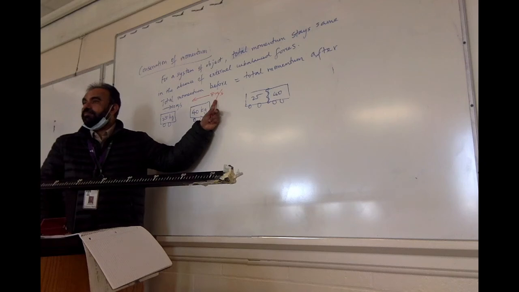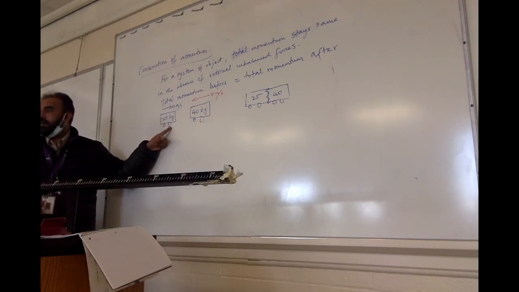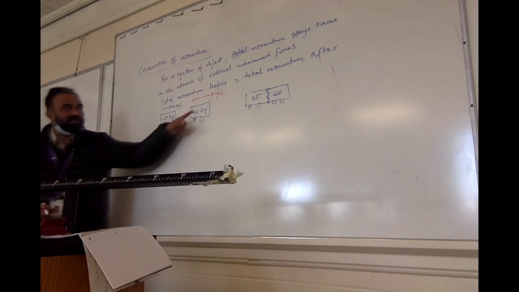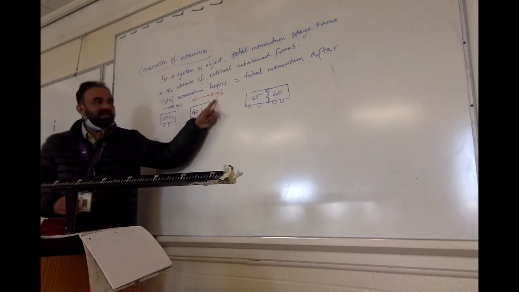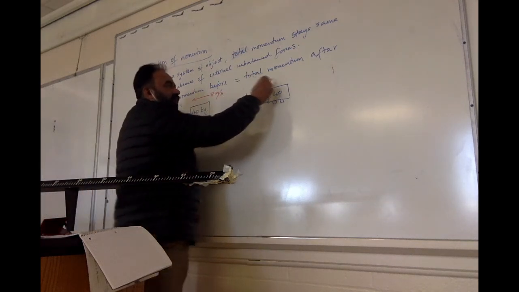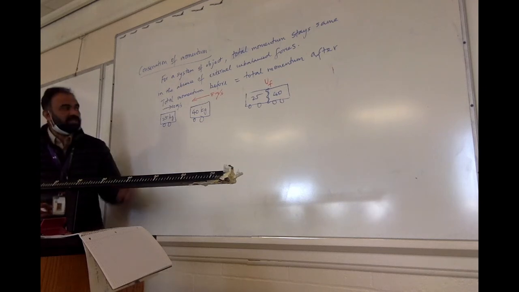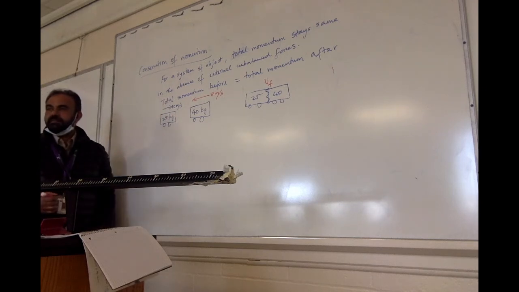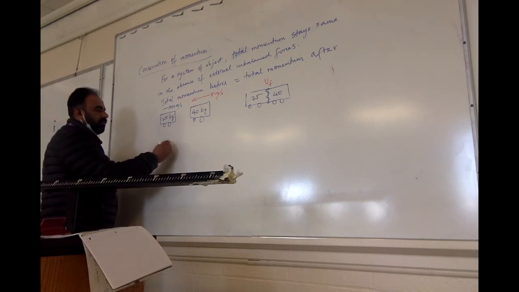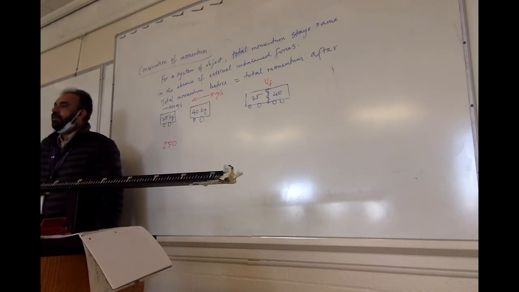Here we go. So here is a car moving 10 meters per second. This is moving slower, 8 meters per second. What will be the combined velocity of the whole thing? Do the same thing. What's the momentum of this before impact? Now what's the momentum of that before impact?